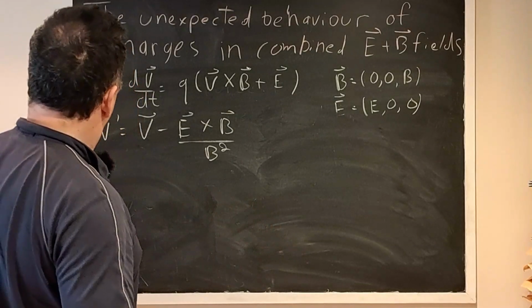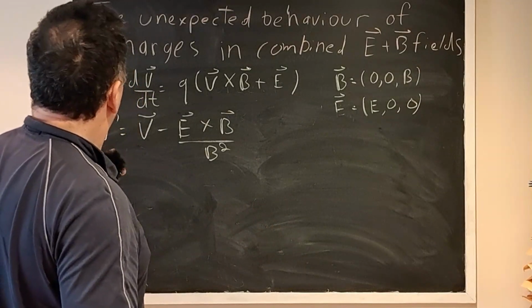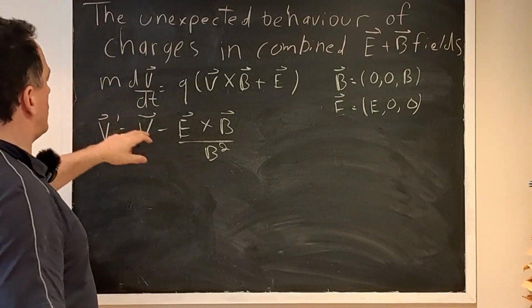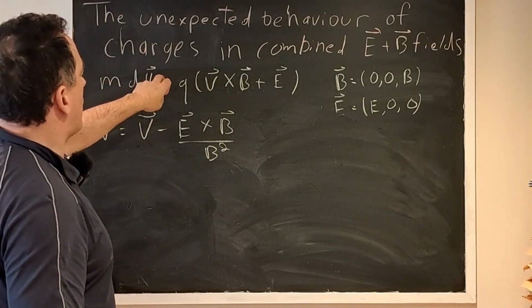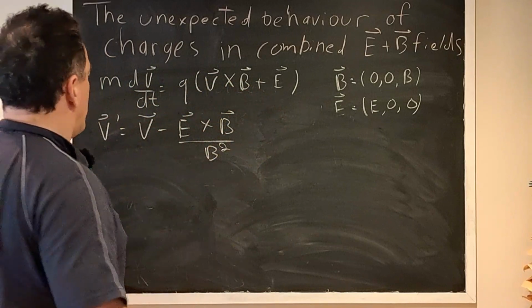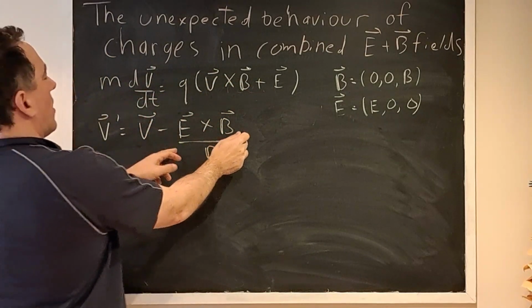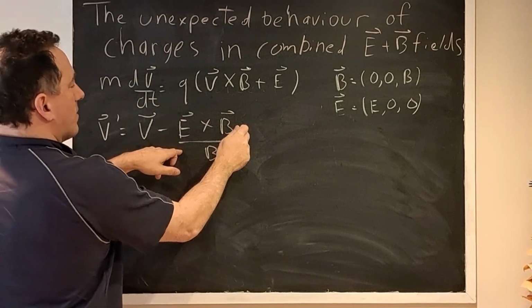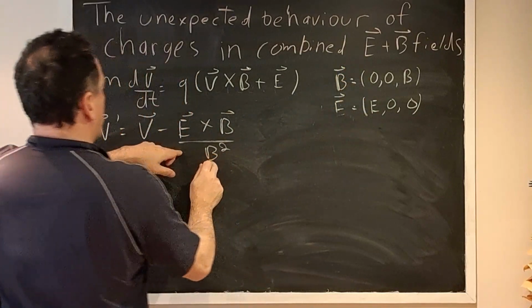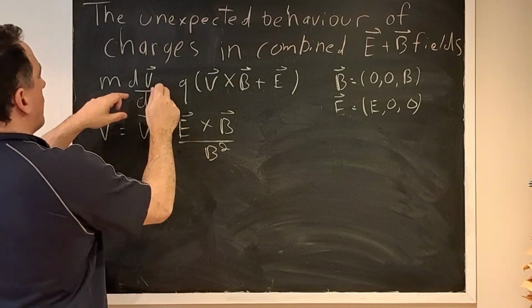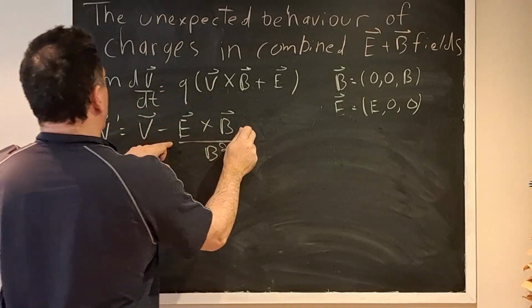Okay, now we will do the substitution, substitute v in there, and get our equation in terms of v prime. The first term, we have dv dt, but this is a constant, we have to remember, because E and B are constant vectors, constant value of B. So when we differentiate with respect to time, this term disappears.